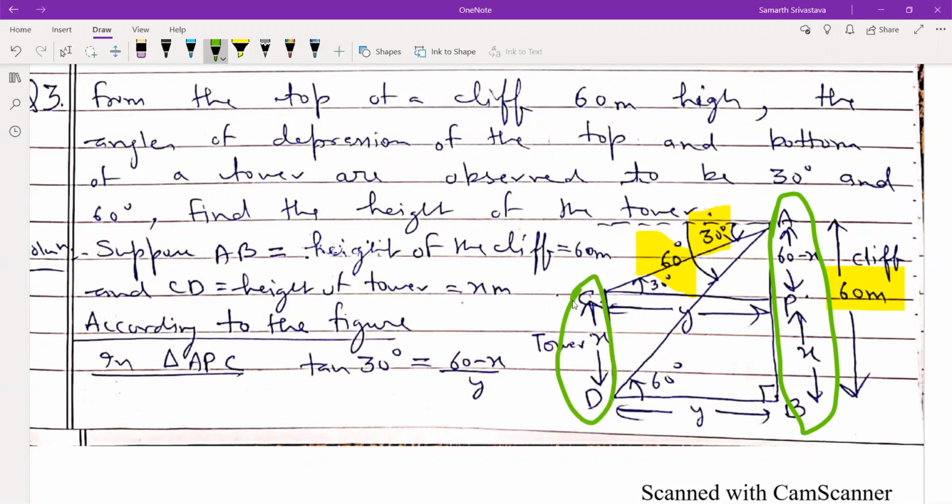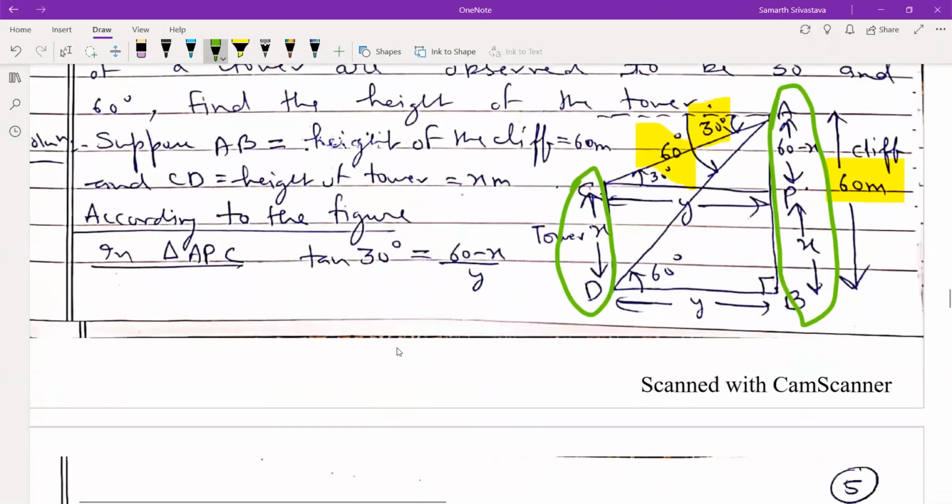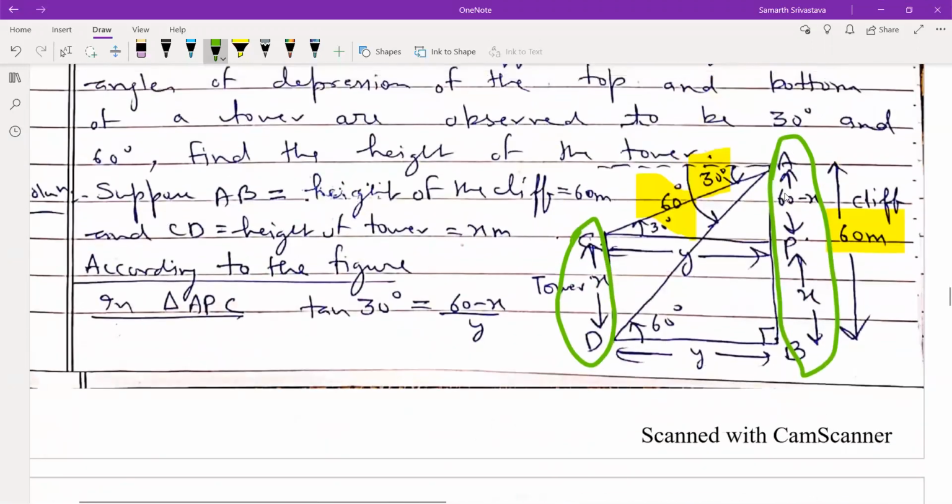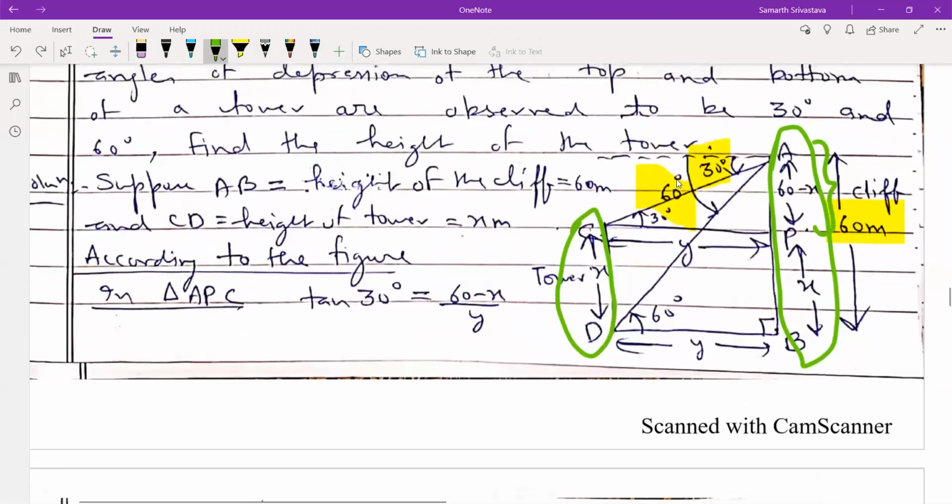So according to the diagram, CD is equal to PB, whose length is x. So the remaining length AP will be 60 minus x. And the two angles of depression, because angles of depression are measured with respect to the horizontal, so I have drawn 30 degrees and 60 degrees. So according to the diagram, in triangle APC, I have taken tan 30 degrees is equal to 60 minus x upon y.